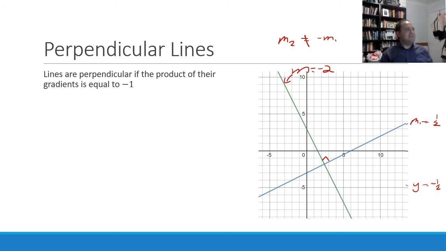So the key rule here, students, is lines are perpendicular if the product of their gradients, meaning they're multiplied together, is equal to -1. So in this example, m1 times m2, we had +1/2 times -2 gives us -1. So these lines are definitely perpendicular.